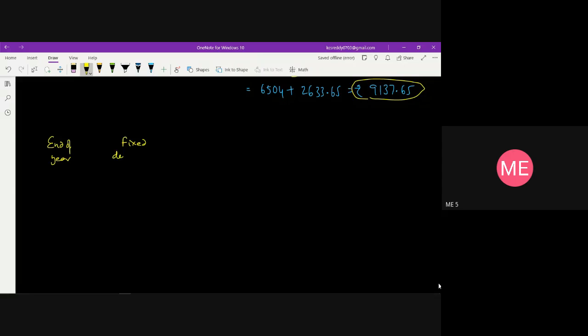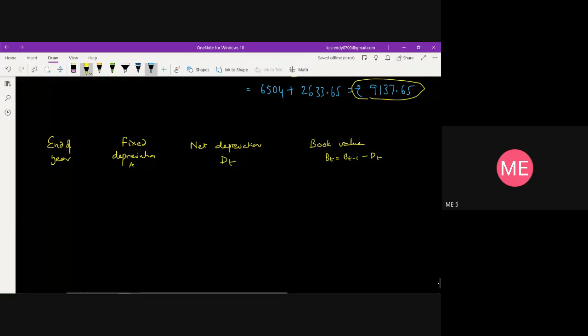Here we take this as A. And net depreciation, for which I have given the example, is calculated by adding the interest earned for the previous years to the fixed depreciation. That is Dt, the net depreciation, and the book value, which can be calculated with the equation Bt equals Bt minus 1 minus Dt.